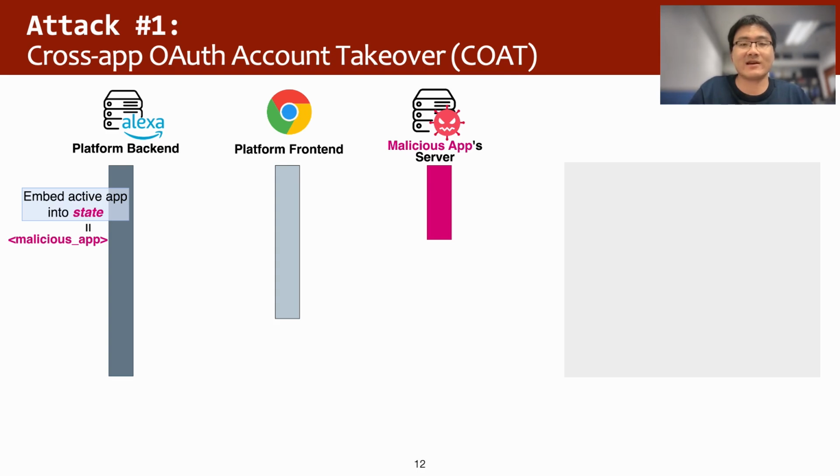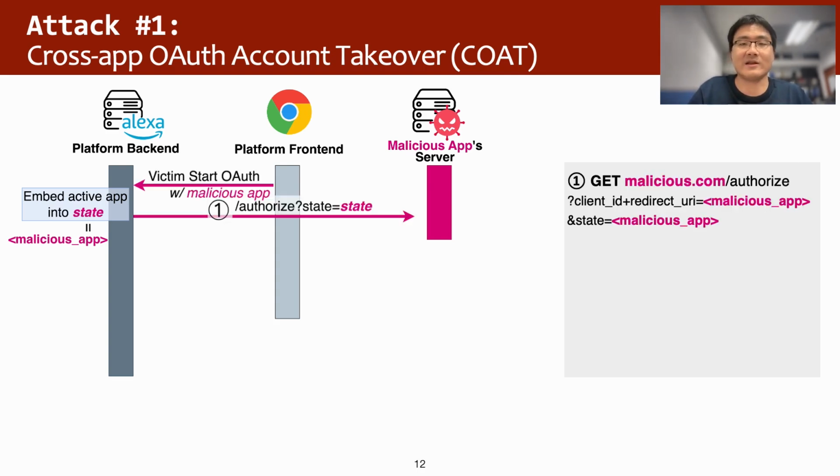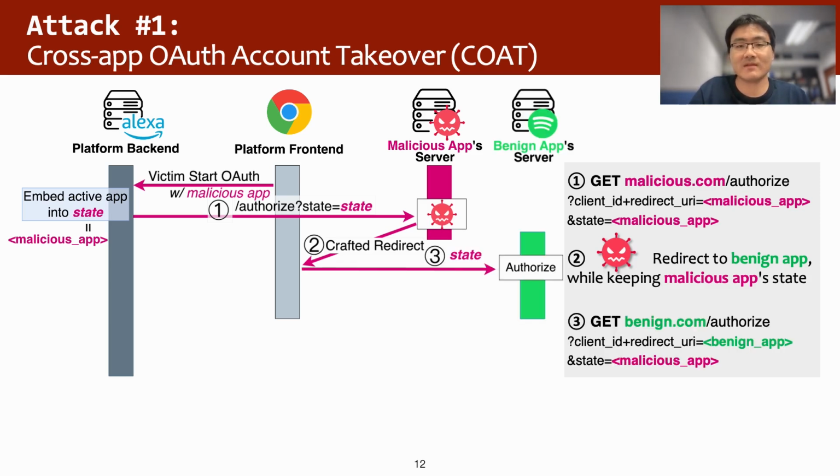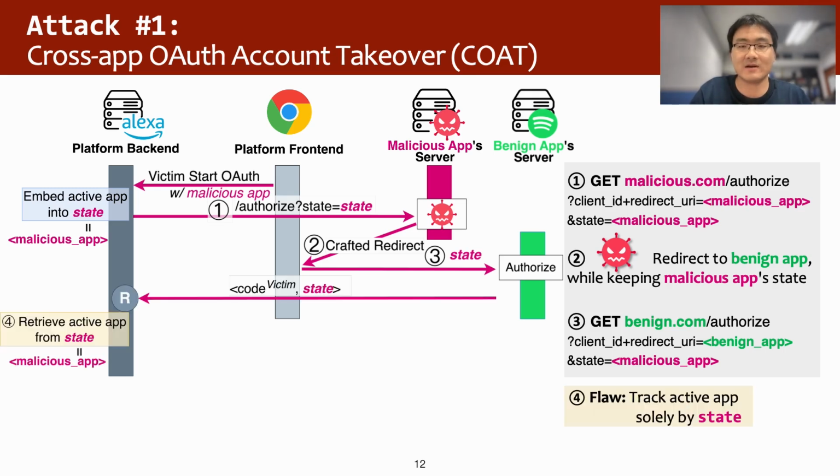So first, when the victim stumbles upon a malicious app for account linking, the platform would embed the malicious app's ID in the state parameter and take the victim to the malicious app server. But instead of authorizing the user, the malicious app server would issue a crafted redirect to the benign app's authorization server. From the benign app's perspective, everything looks legit, so the benign app would issue an authorization code.